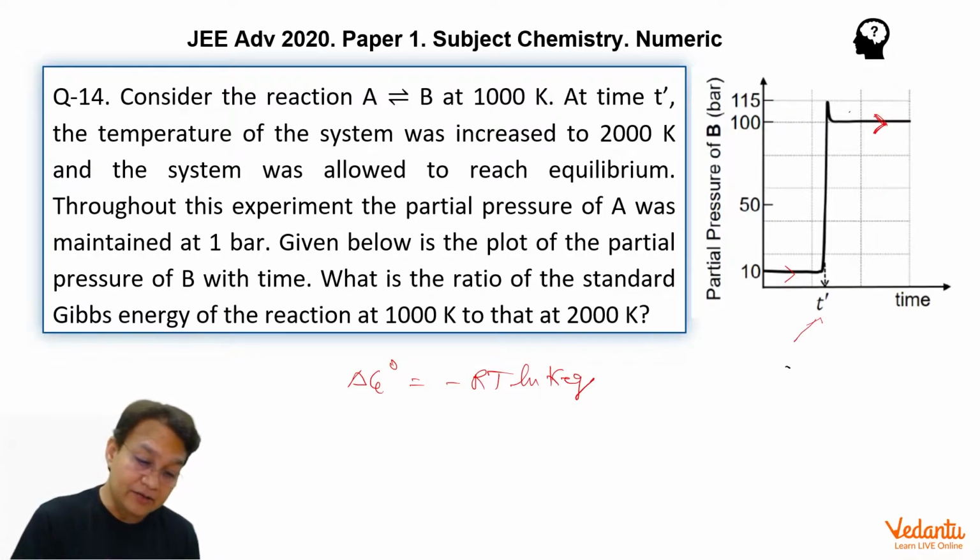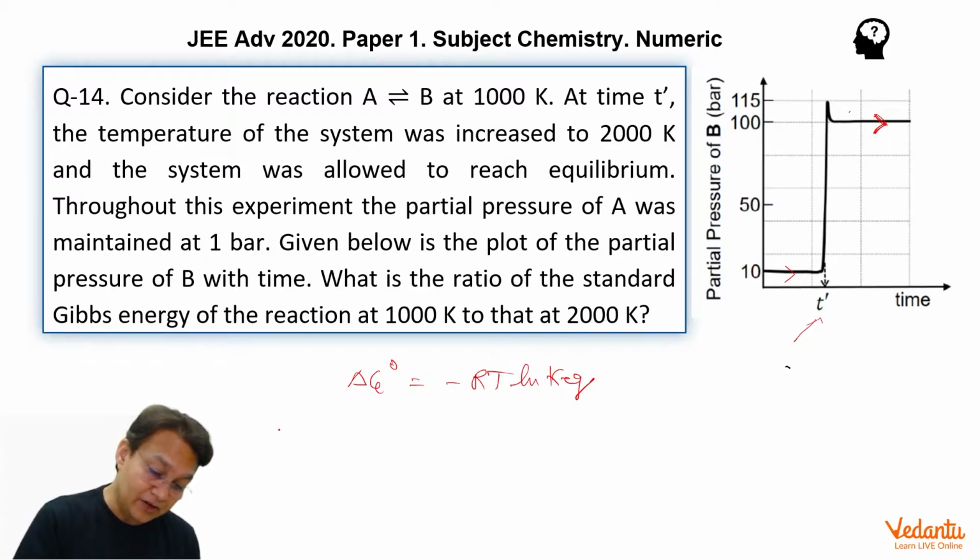As you know, at equilibrium, the pressure does not change. So from this, we can pick that at the first equilibrium, the partial pressure of B was 10, and at the second equilibrium, the partial pressure of B was 100. See it carefully that the pressure of A was maintained at 1 bar in both the cases.